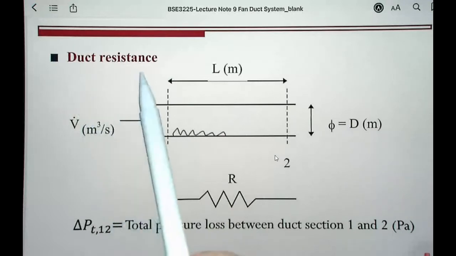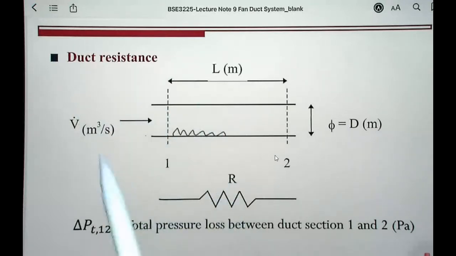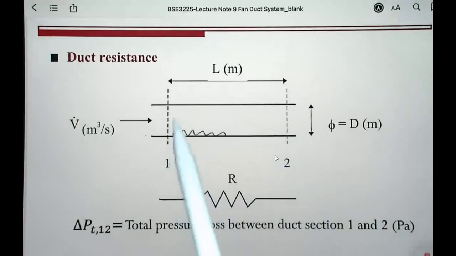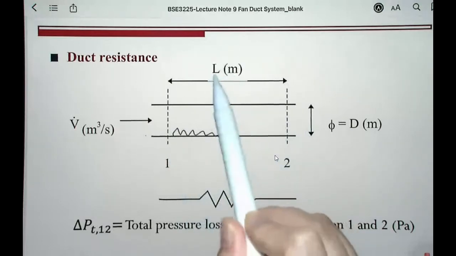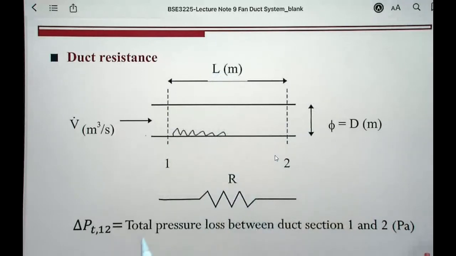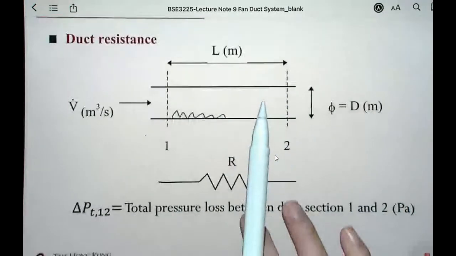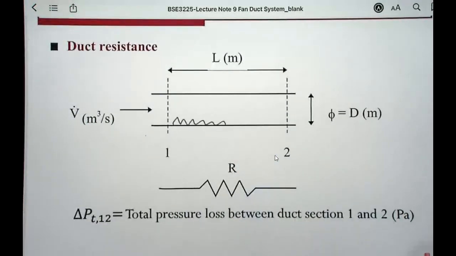Because duct resistance exists, when air travels through this duct from section number 1 to section number 2, through a length L, we will have pressure loss between these two duct sections. We use delta P total from section 1 to section 2 as the symbol to represent the total pressure loss.